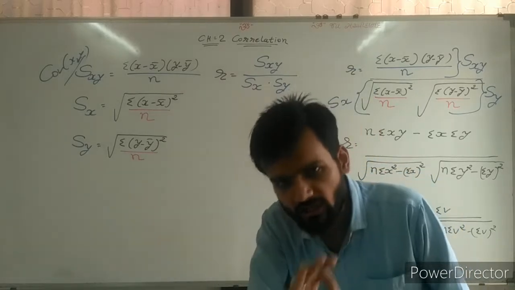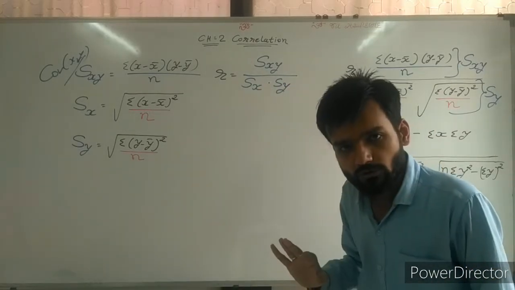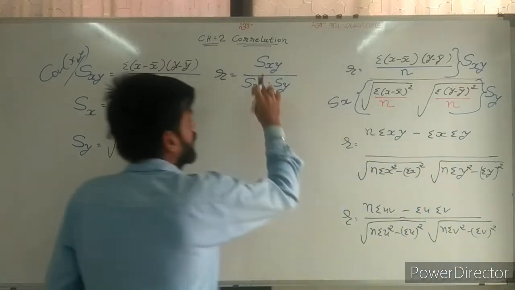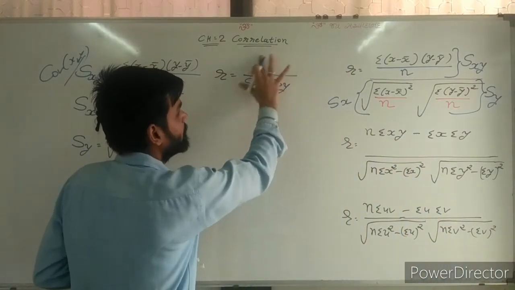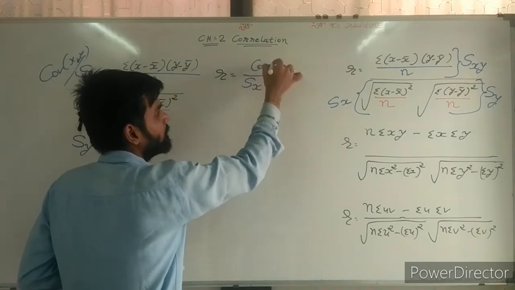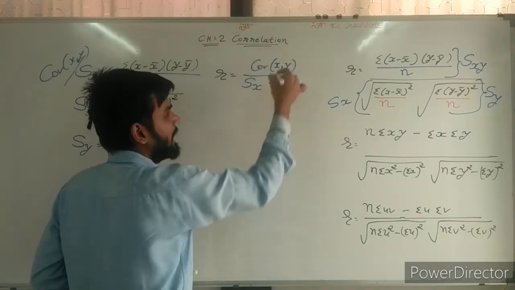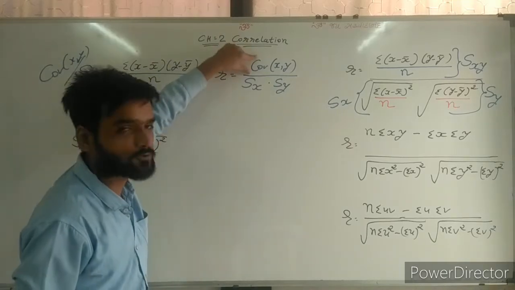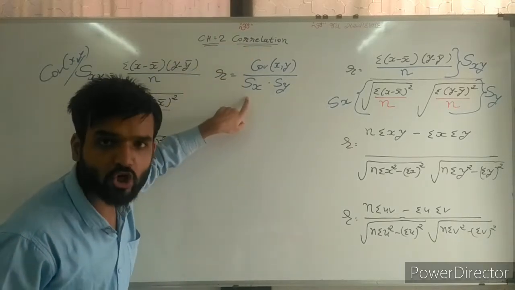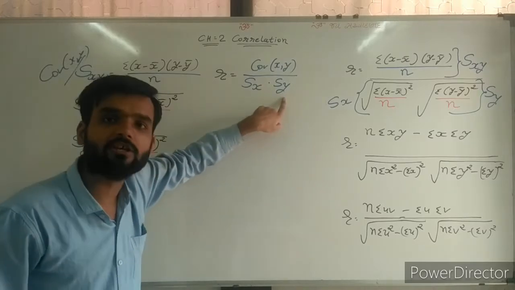So generally, this formula is used. Sometimes, instead of Sxy, we can write covariance of xy here. So covariance of xy divided by standard deviation of x into standard deviation of y.